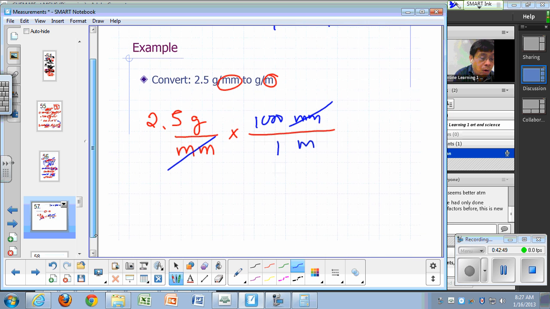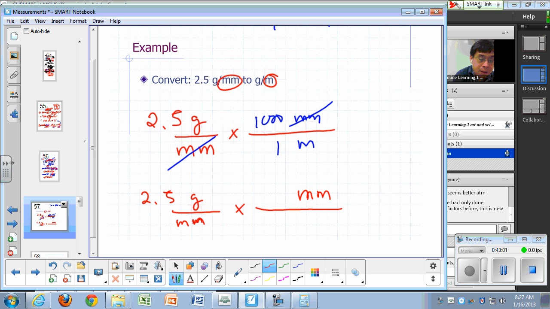Now, I could also say 2.5 grams per millimeter times, okay, again, I want millimeter on top and meter at the bottom, so I can cancel my millimeter. I can just go with the definition of what milli is. Milli means 10 to the negative third, right?